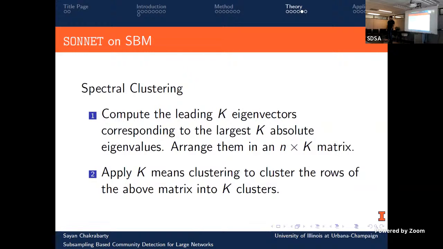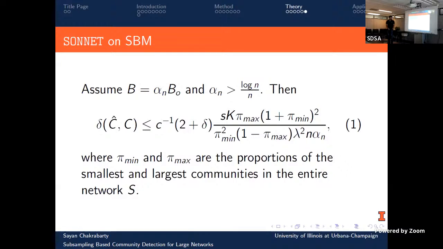And spectral clustering works very well on SBM. Spectral clustering just computes the leading k eigenvectors corresponding to the largest k absolute eigenvalues, arranges them in an n by k matrix, and then applies k-means clustering. And this works very well on SBM. So we use this as the algorithm A here. And we assume that the B matrix is of this form: B is alpha_n times B_0, where alpha_n is greater than log n over n.